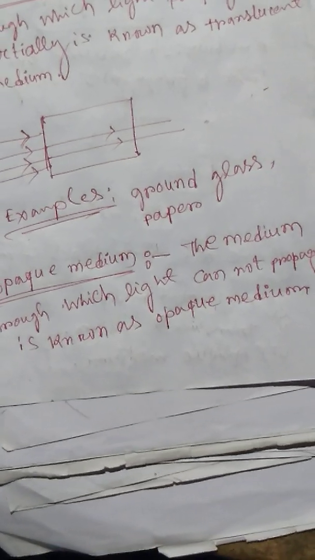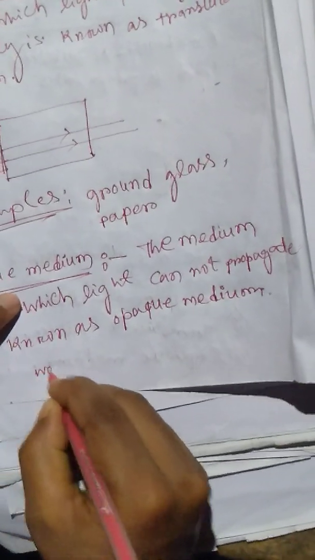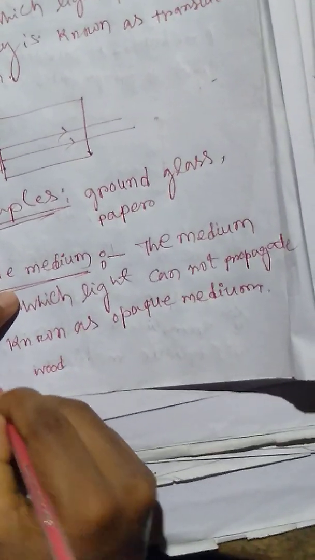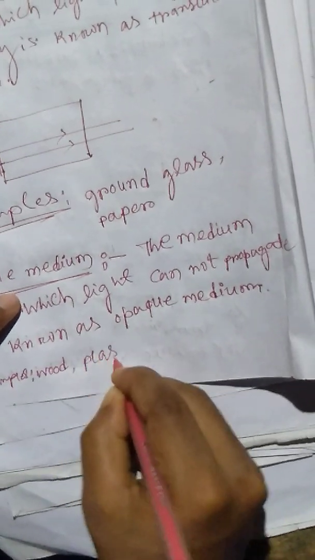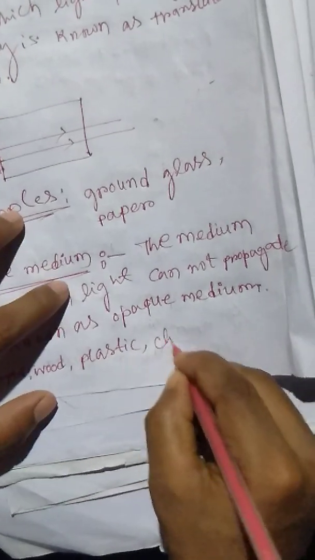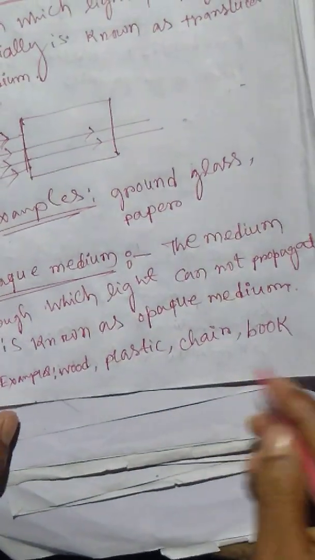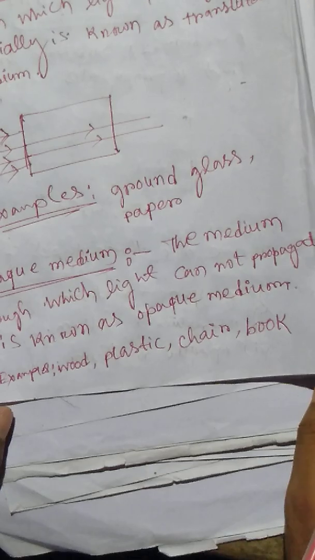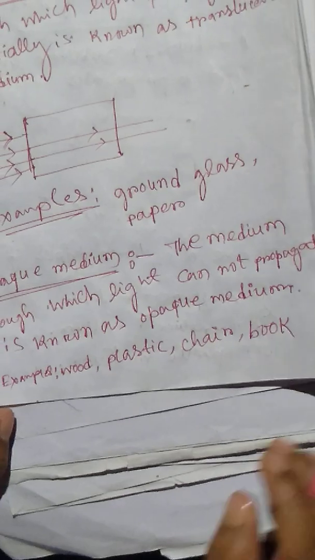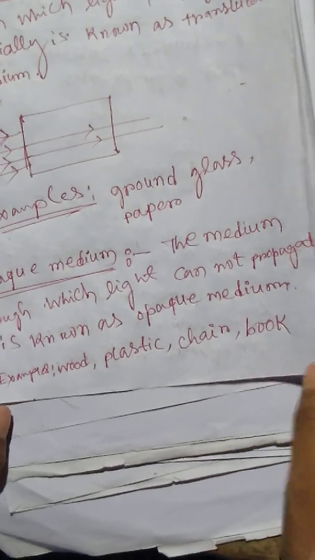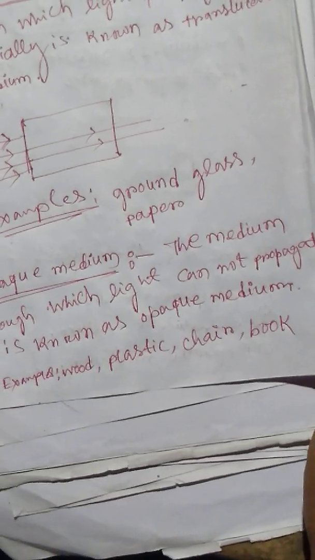The examples of opaque medium are wood, plastic, chair, book, and so many other substances which cannot allow the light rays to propagate through them. These are all opaque mediums.